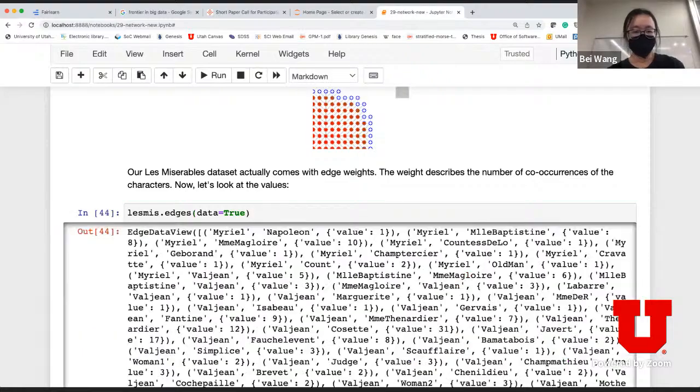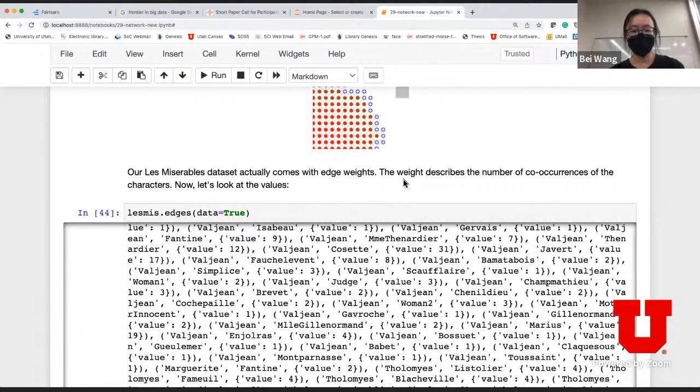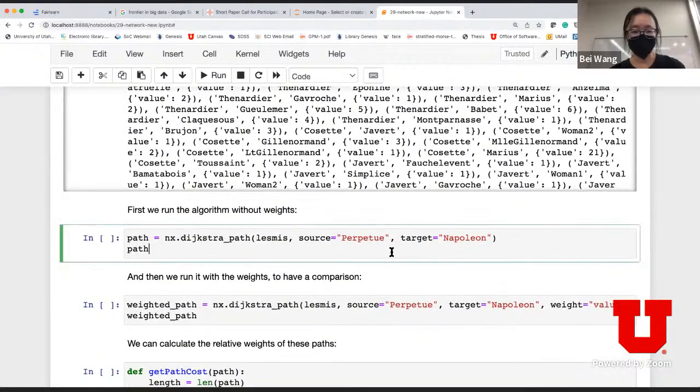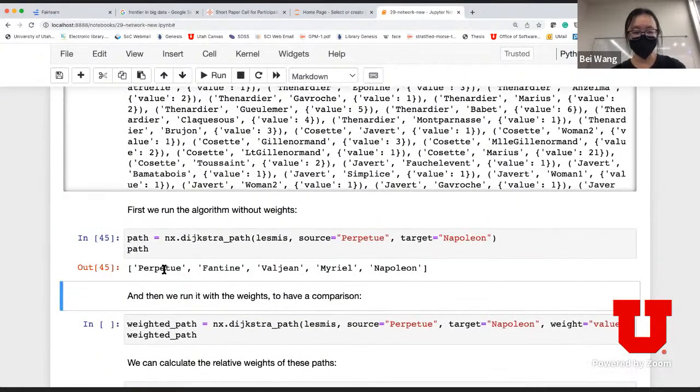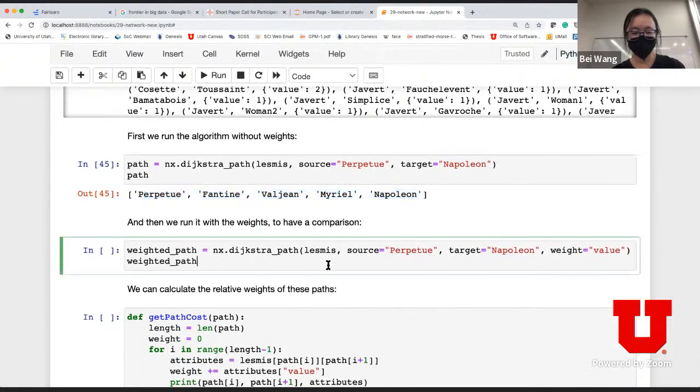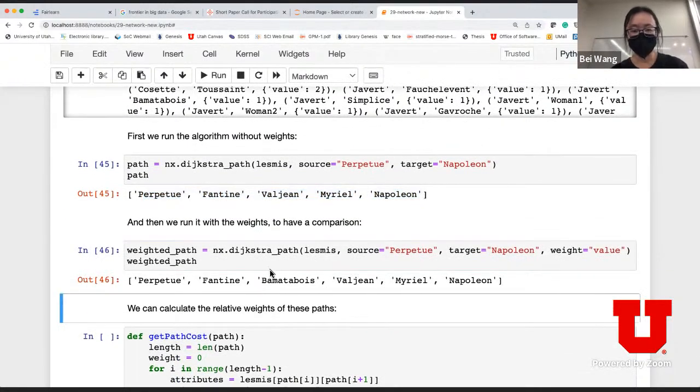So if I look at all the degrees here, and we run it without weights, this is the path we get before. But if you run it with weights, you will see that the path with the smallest cost, or the shortest path with weights, is actually slightly different.